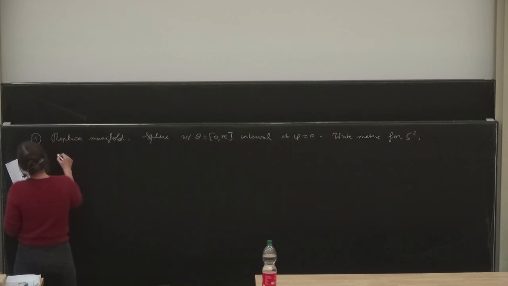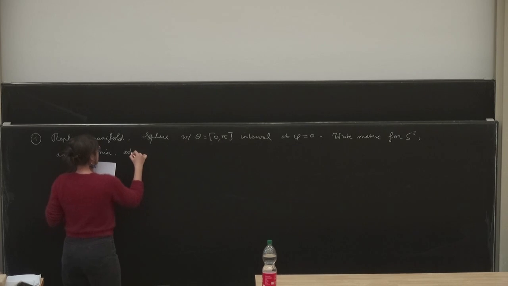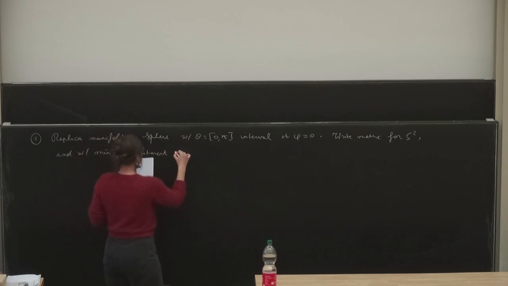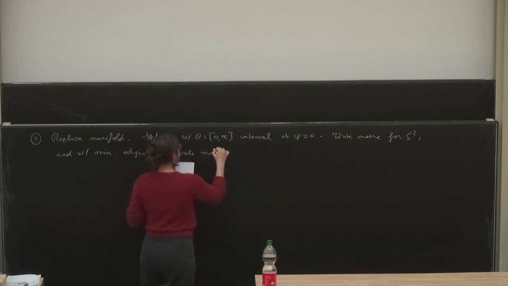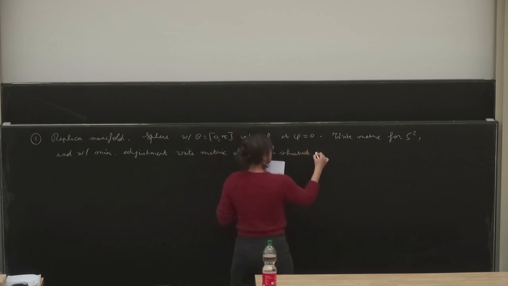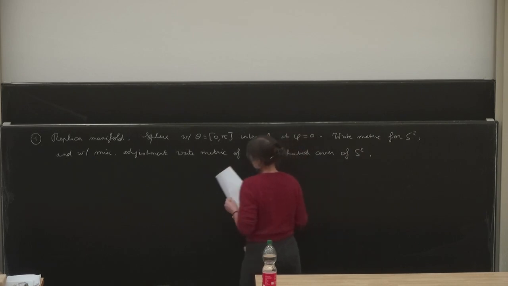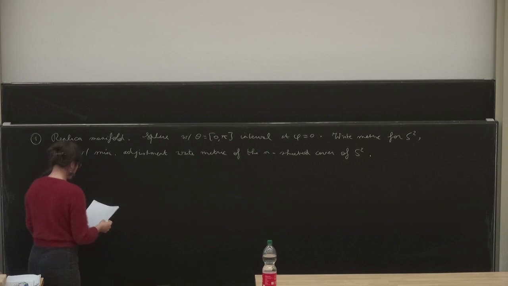And then with minimal adjustment, write the metric of the n-sheeted cover of the sphere. So n-sheeted along this interval A that I explained.